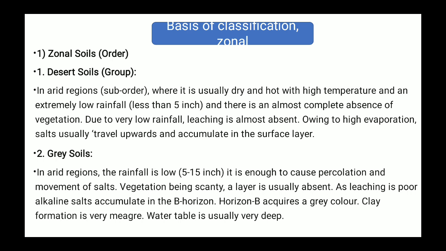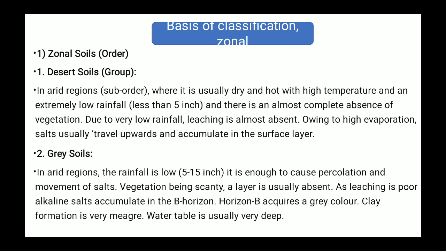Leaching is almost absent. Owing to high evaporation, salt usually travels upwards and accumulates in the surface layer. This first type of zonal soil, desert soil, is part of a specific zone or area, so it is considered zonal.